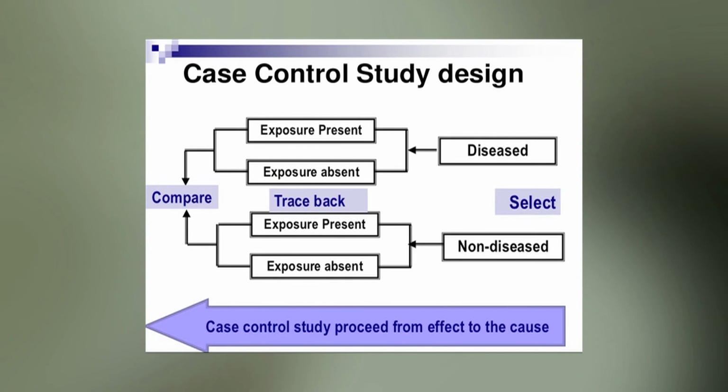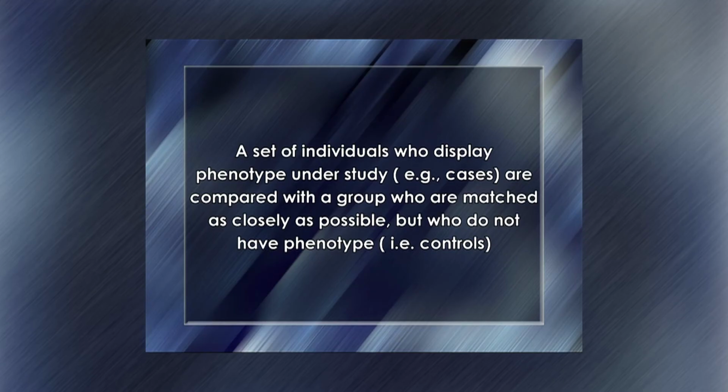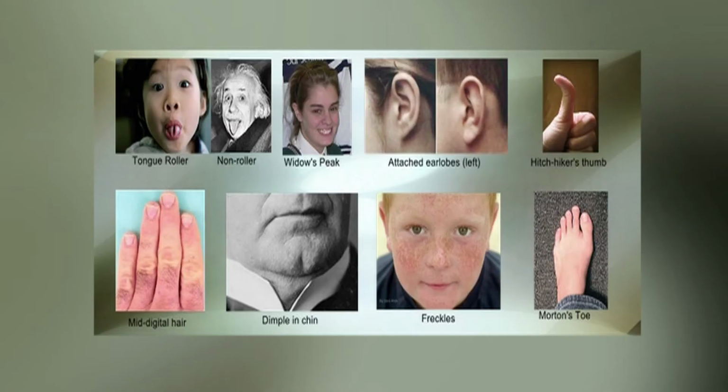In its simplest form, this is done using the case control study. A set of individuals who display the phenotype under study, for example cases, are compared with a group who are matched as closely as possible, but who do not have the phenotype, that is controls. Genetic studies are then done to determine whether there is significant difference in the frequency of a genetic trait between cases and controls.